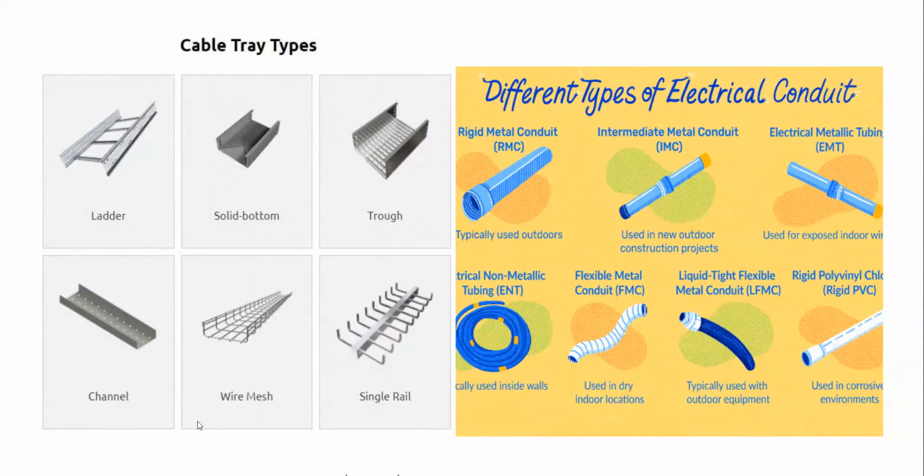Now, different types of electrical conduits. You can see that for outdoors, it's having RMC and intermediate metal conduit, IMC, EMT electrical metallic tubing, and for flexible conduit, FMC, LFMC, rigid polyamine, so PVC.